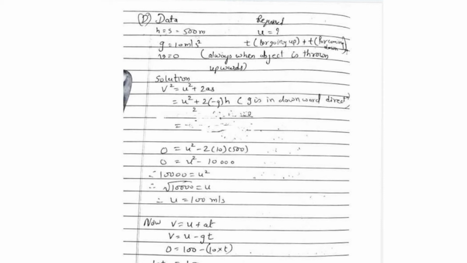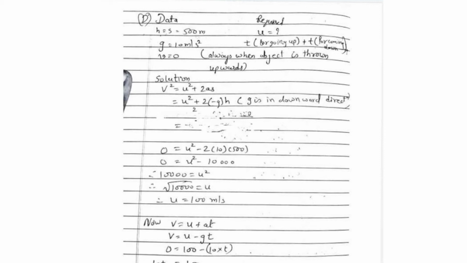Now let us go to the solution part. We have the third kinematic equation as V square is equal to U square plus 2AS. Now children, the object is thrown in the upward direction. Acceleration due to gravity is in the downward direction. So both are opposite. So remember here, as the directions are opposite, we have to take G as minus G. Minus sign we have to take.